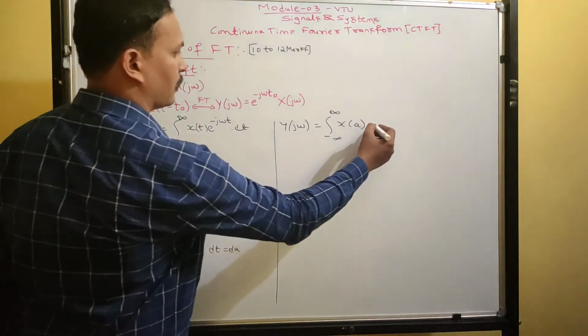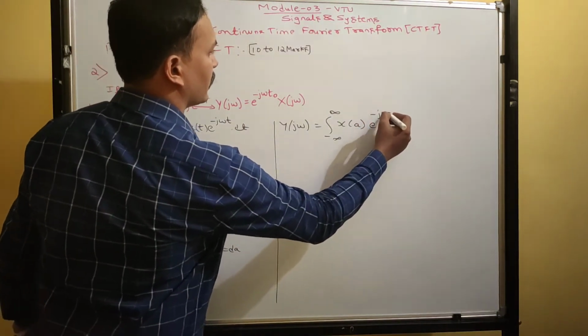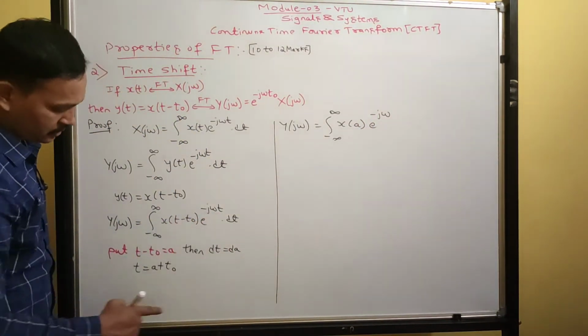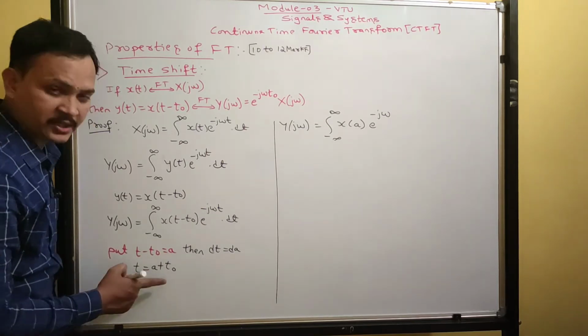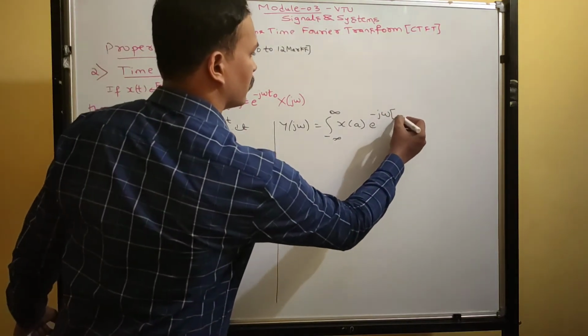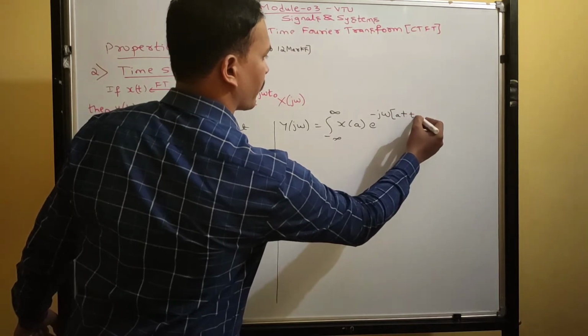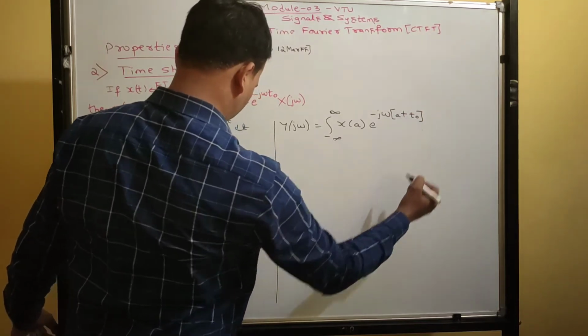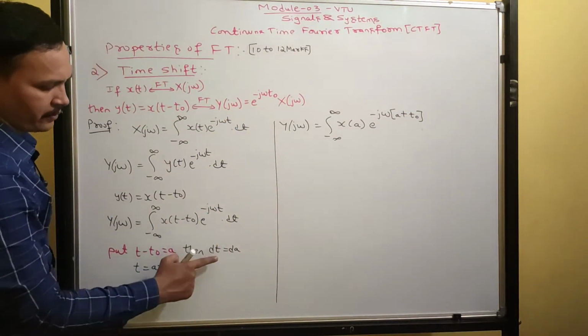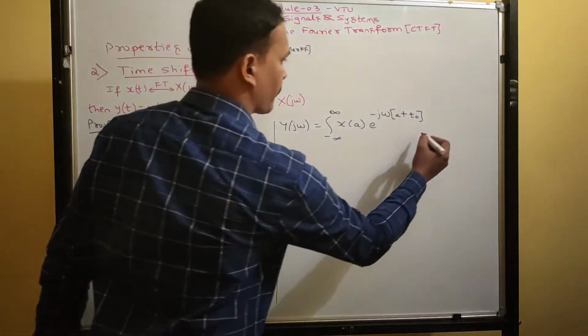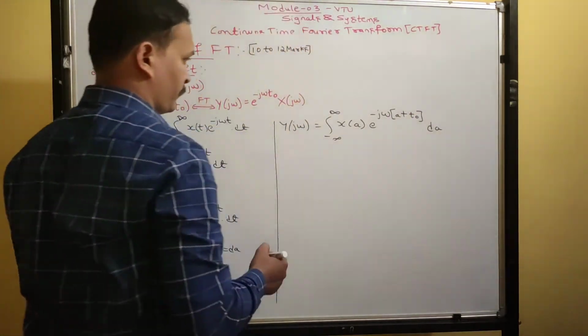Then e to the power of minus j omega, and t is a plus t naught, into dt, which is dA.